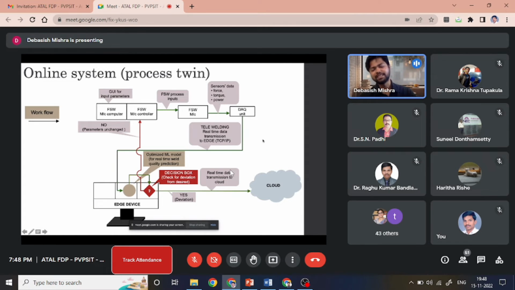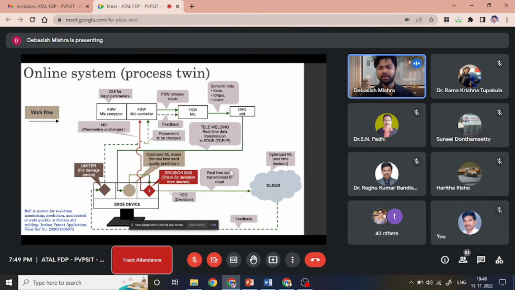So, as I was saying, in the edge device there is a decision box which was used to check whether there is a deviation from the desired weld quality. If there is, the cloud model takes the sensor data as the input, and the output is the optimized set of parameters that would be helpful for achieving the desired weld quality.